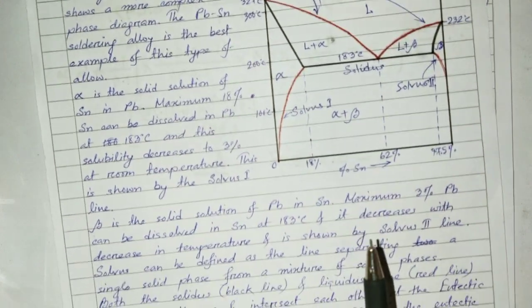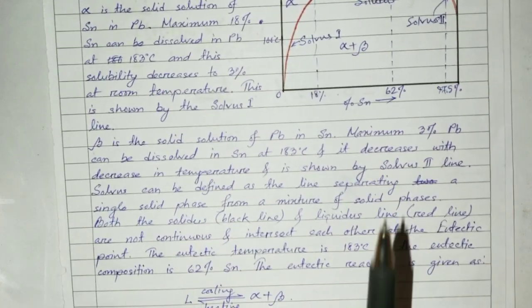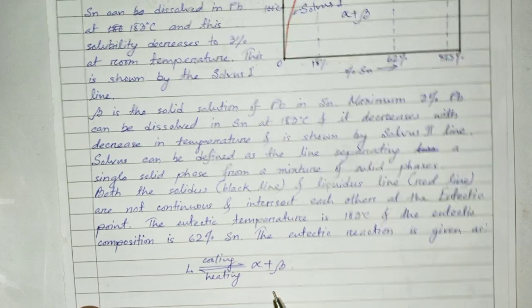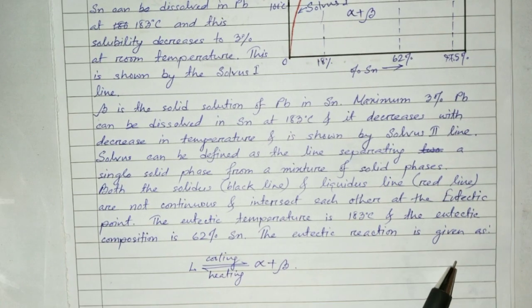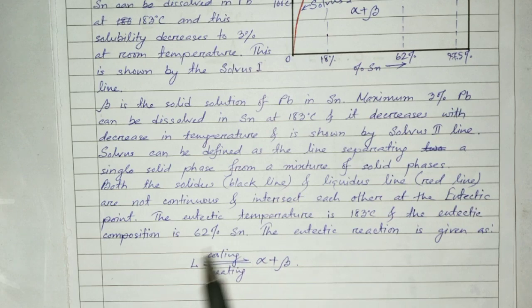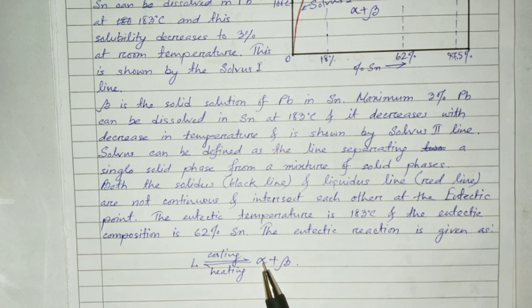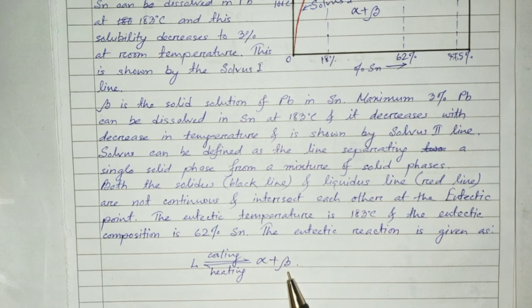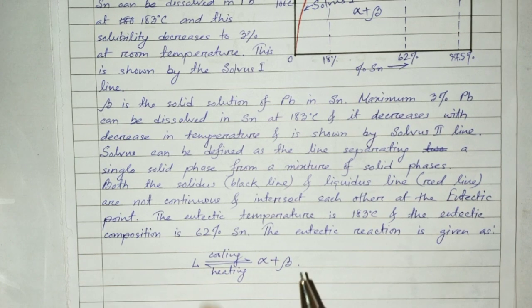Now if we consider the reaction taking place at the eutectic temperature, the eutectic point, then the reaction is given by liquid, which on cooling turns into alpha plus beta, where alpha is the solution of tin in lead and beta is the solution of lead in tin.